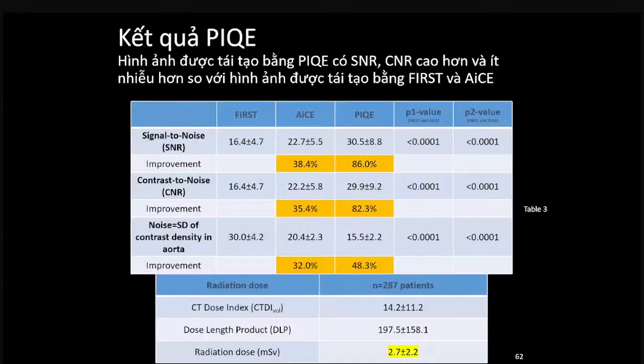You can see that signal to noise improvement was 86% compared to iterative reconstruction, and contrast to noise ratio improved by 82% compared to iterative reconstruction, and at the same time the average radiation dose was 2.7 millisievert.